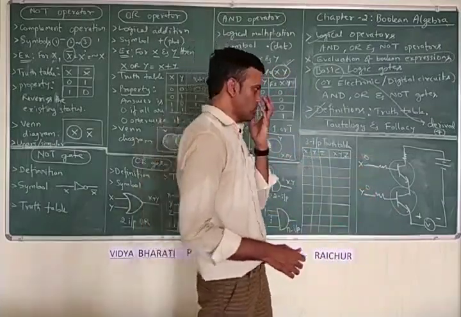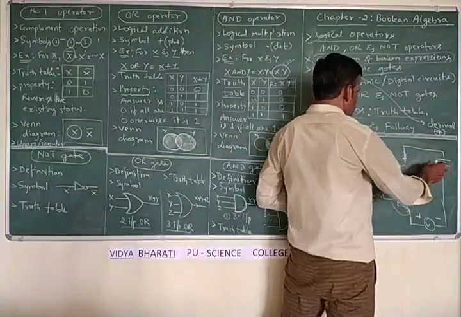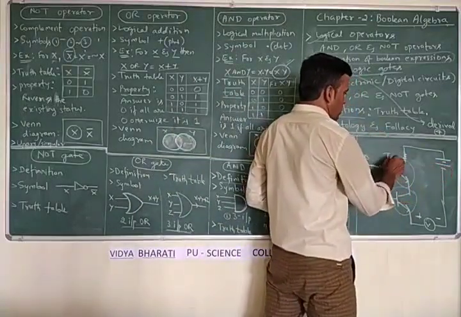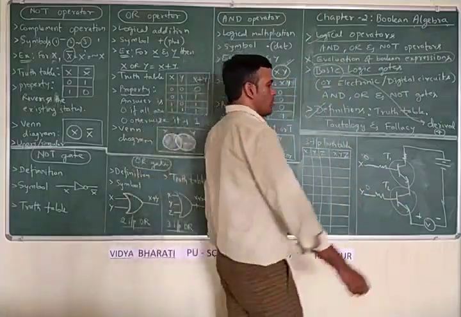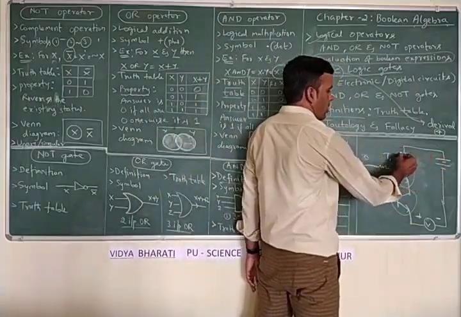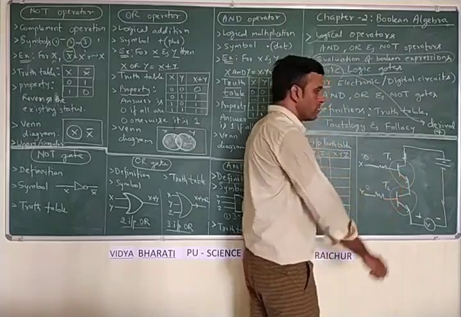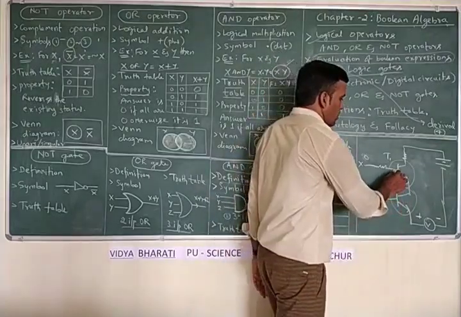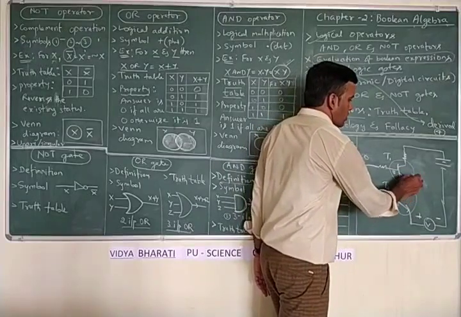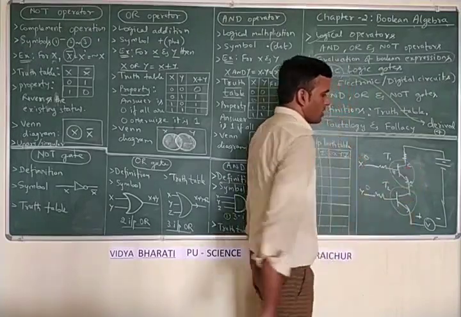So what happens? Here the battery is there, then these transistors, say transistor 1 and transistor 2. Current won't pass through this transistor. This transistor terminal is identified as the base, this one as the emitter, and this particular line as the collector.